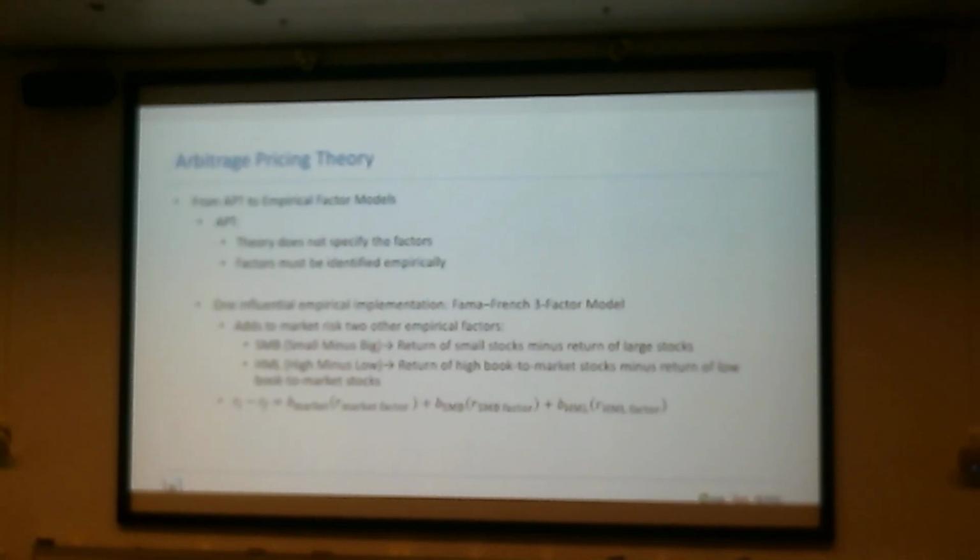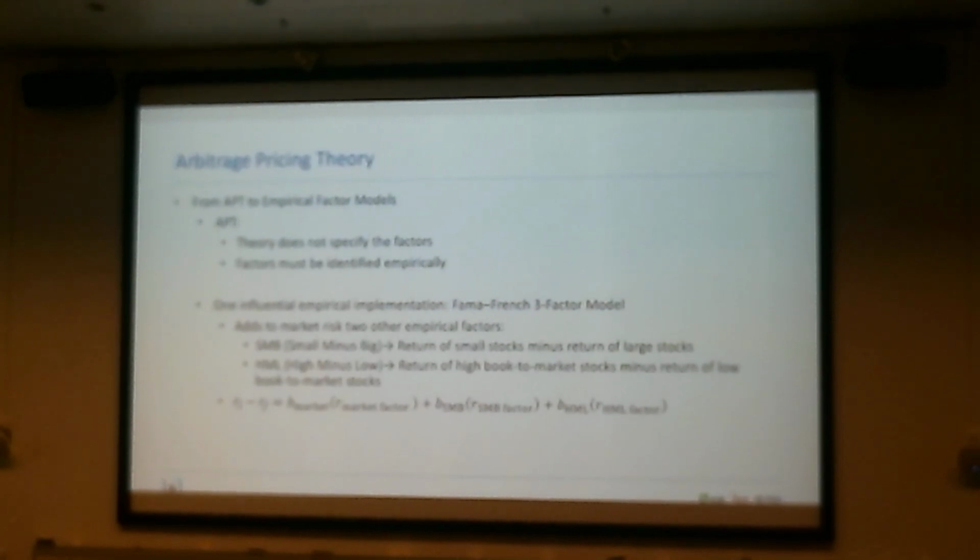And the size is always measured in market capitalization. So this is the first important factor, because historical data just showed us that there is a systematic difference between these two types of stocks. And the second factor is high minus low. So the return of high book-to-market stocks minus the return of low book-to-market stocks. It's basically value stocks minus growth stocks.